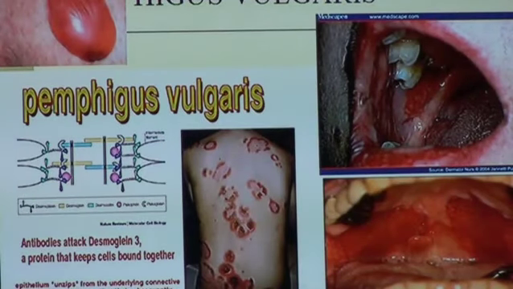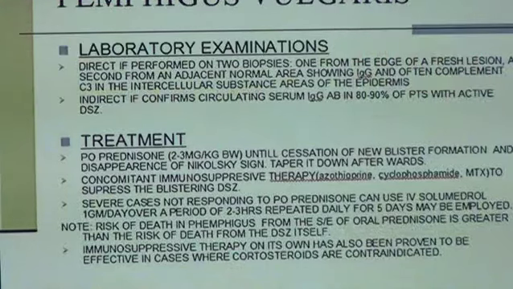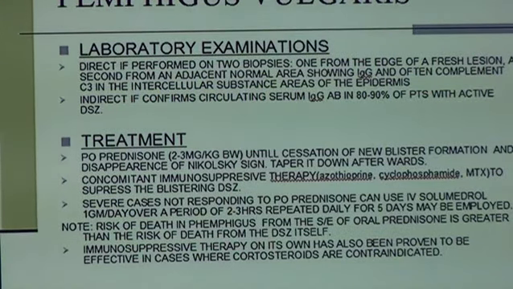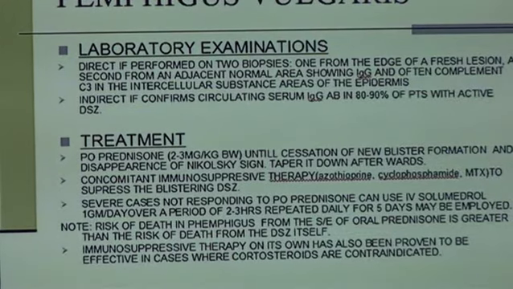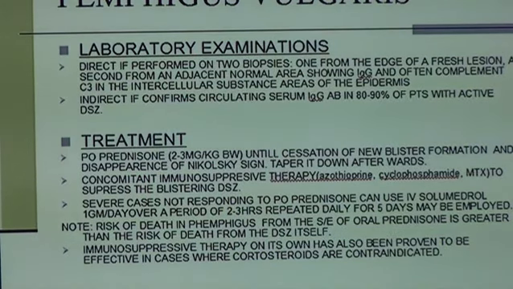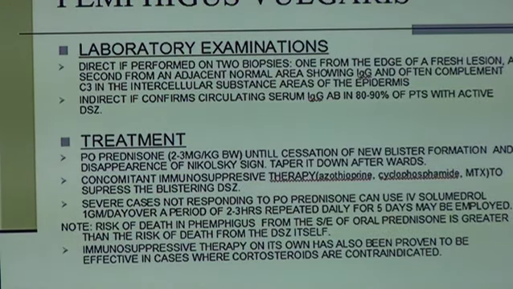The other is indirect immunofluorescence, which confirms circulating serum IgG antibodies in 89% of the patients with active disease. Treatment is usually prednisone until cessation of new blister formation and disappearance of the Nikolsky sign, and then tapering it down afterwards.